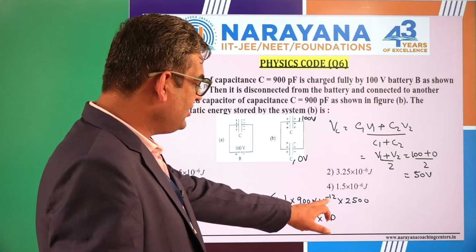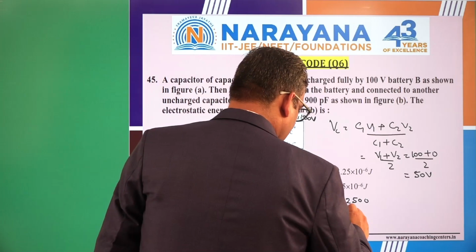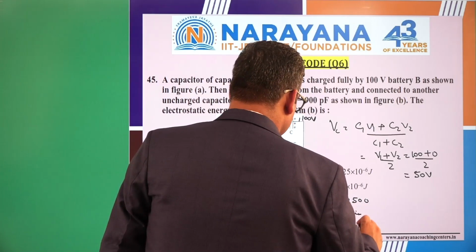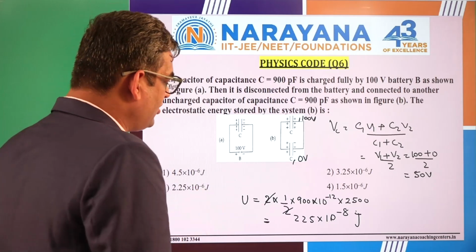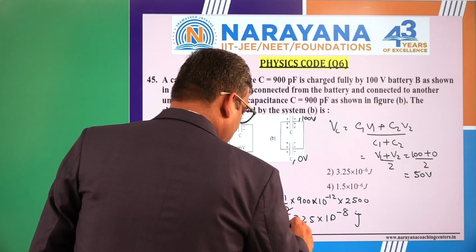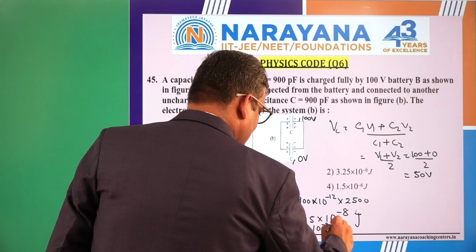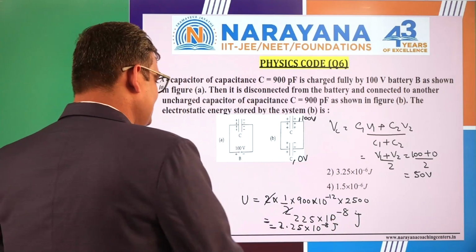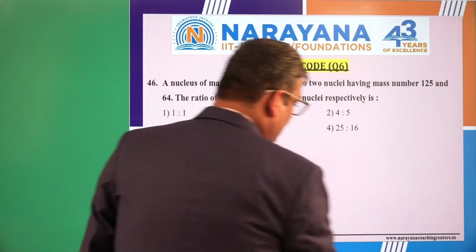So this will be 10 raised to power minus 10, 10 raised to power minus 8. This much joules of energy should be stored. If we convert this into 10 raised to power minus 6, the result is going to be 2.25 into 10 raised to power minus 8 joules. Hence the correct answer should be the third option. Moving on to the next problem.